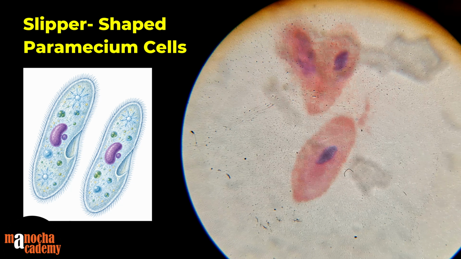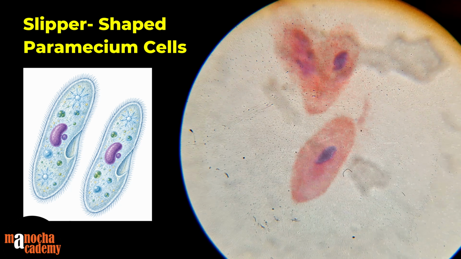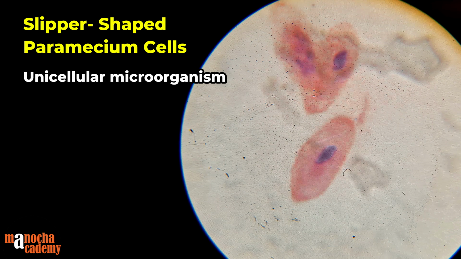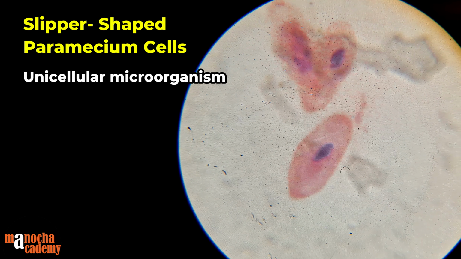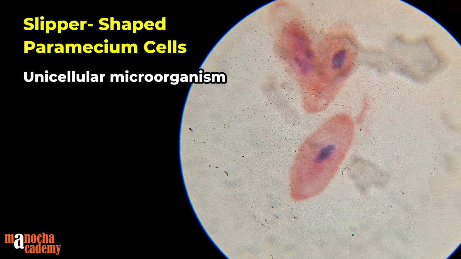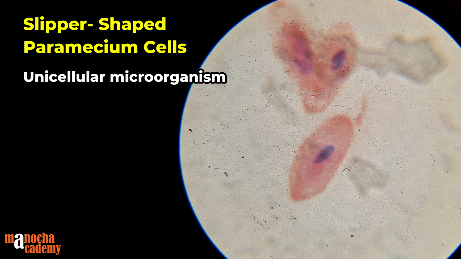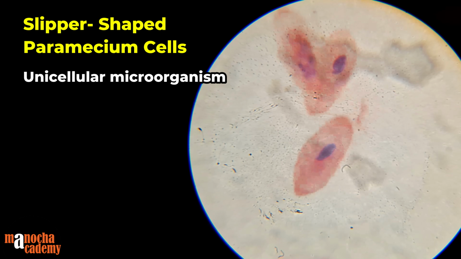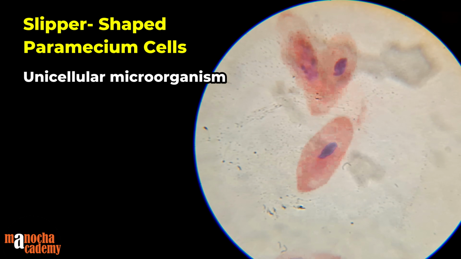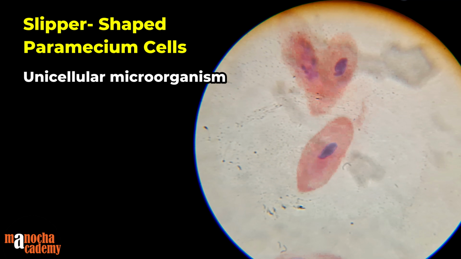So the next one is Paramecium, which, as you all know, is a unicellular microorganism, and this particular cell is one single cell. So we are not looking at a cell from any other part of any multicellular organism. We are looking at one organism which is just a single cell. And the interesting and very sweet part of this is that it looks like a slipper.